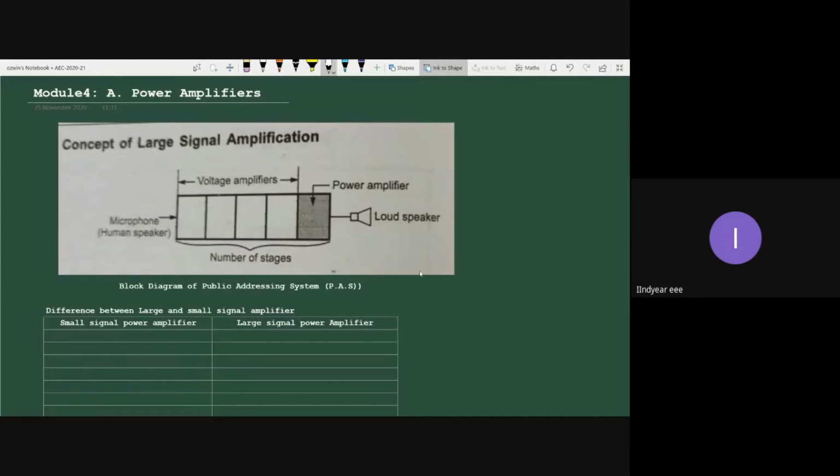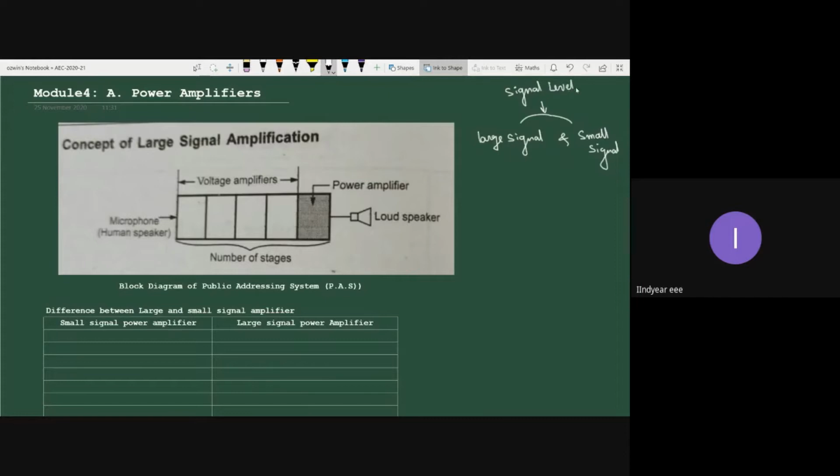Okay. Now, what do you mean by large signal and small signal? Large signal and small signal are basically called signal levels.